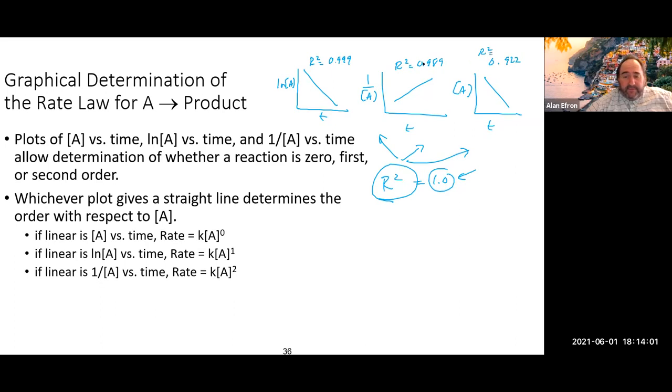I made up these numbers. And you would go, okay, this one is closest to 1, so this is the most linear. I know this would then be first order. And again, that's a very common way, graphically, that we determine the order of a particular reaction.